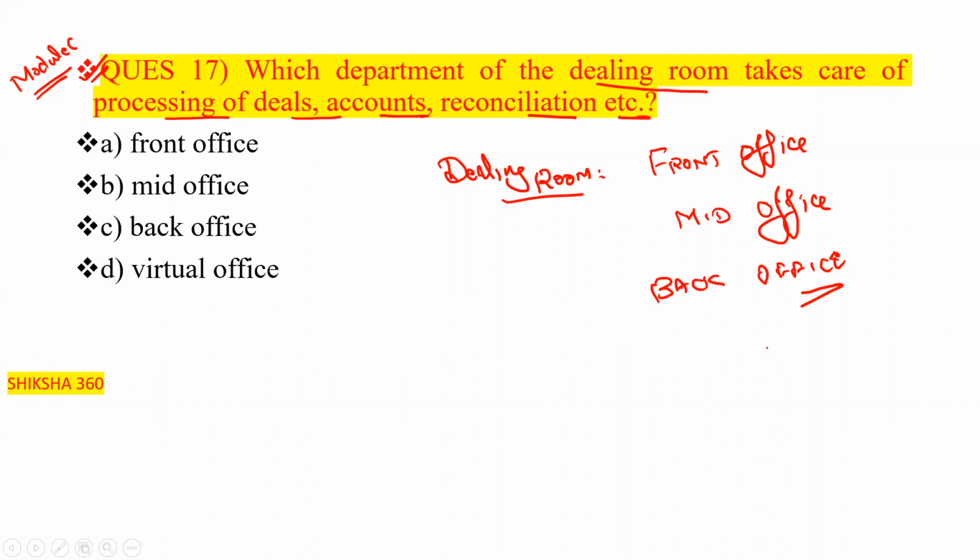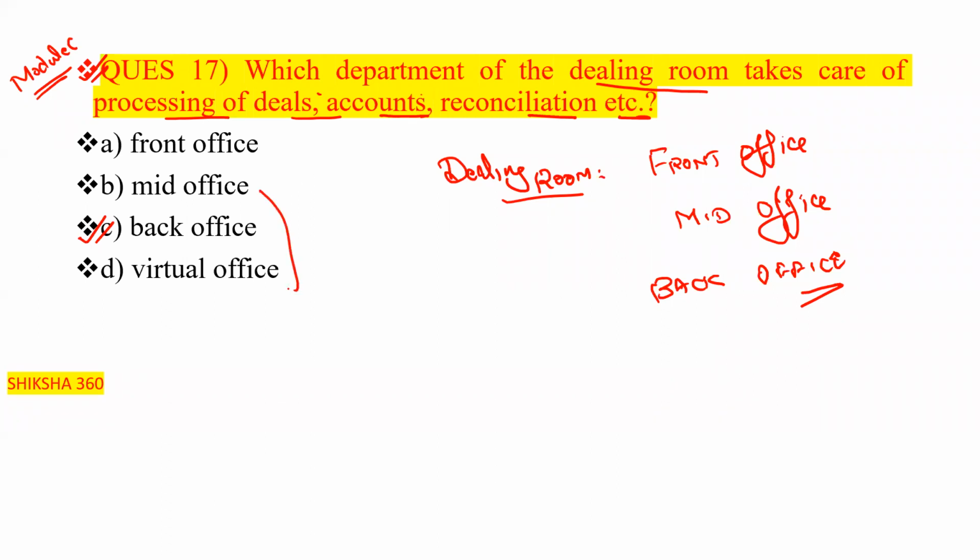Here they are asking which part takes care of the processing of deals, accounts, reconciliation, etc. That is the back office. So option C is the answer, the back office. The back office takes care of the processing of deals, accounts, and reconciliation.